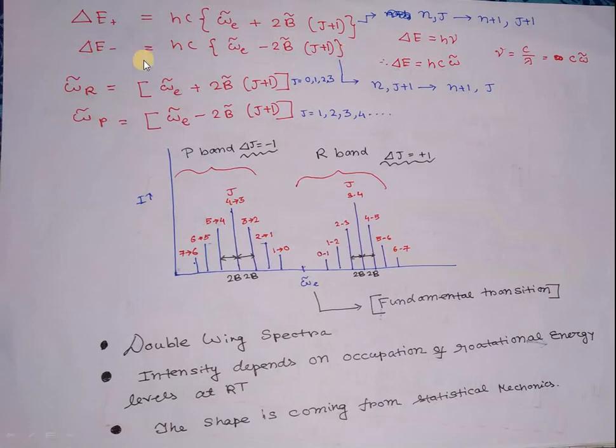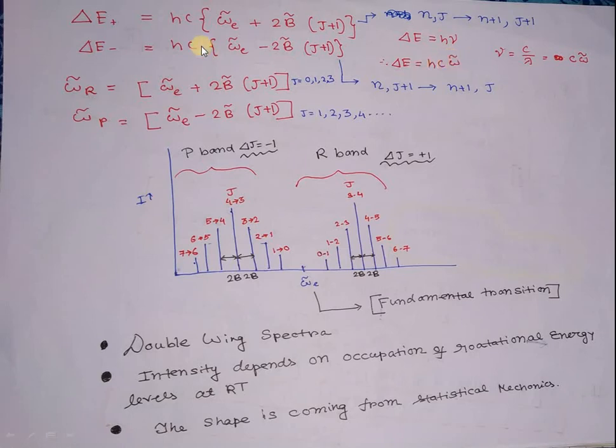So if you express this energy in terms of the wave number, delta E is equal to h nu, and nu is equal to c by lambda. If you express 1 by lambda as omega bar, you will obtain nu equal to c omega bar. So delta E can be expressed as hc omega bar.